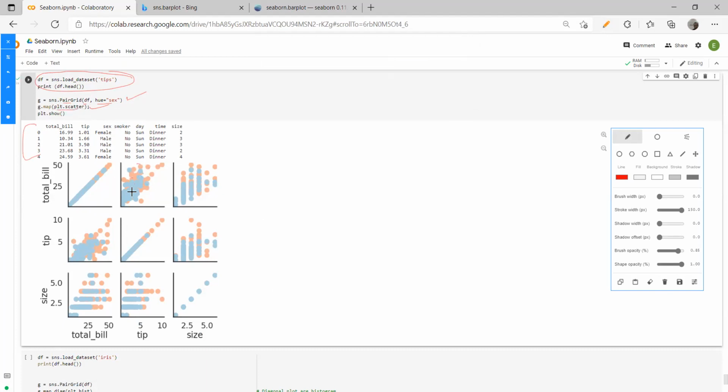Scatter plot meaning these dots. And again, these three graphs and these three graphs will give you the same information. If you see this particular graph, this is size versus total bill, and if you see this graph, this is total bill versus size. If you see this graph and this graph, it looks the same, just that you have rotated it by 90 degrees.